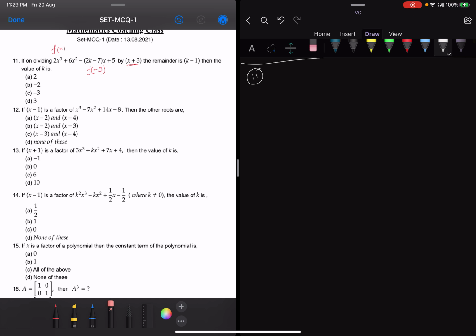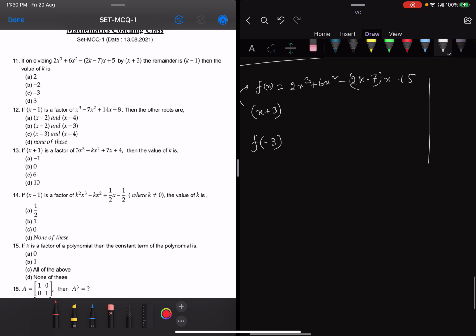Now we are just doing it in the black portion. If we consider f(x) equals 2x cubed plus 6x squared minus (2k minus 7)x plus 5, and we are dividing this expression by x plus 3, then the remainder will be f of minus 3. Why minus 3?